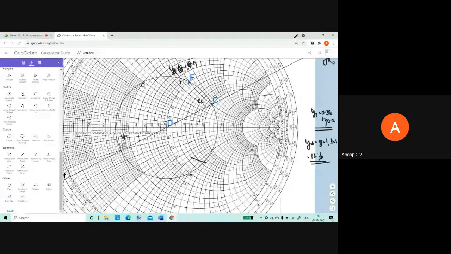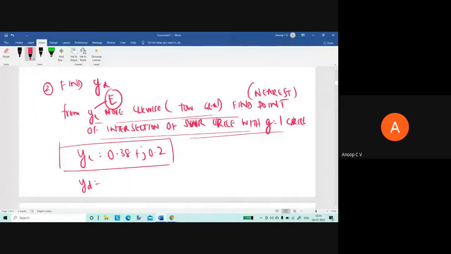But in this case, you see the YD point itself is on the G equal to 1 circle. So I'll write here YD is equal to 1 plus J1.